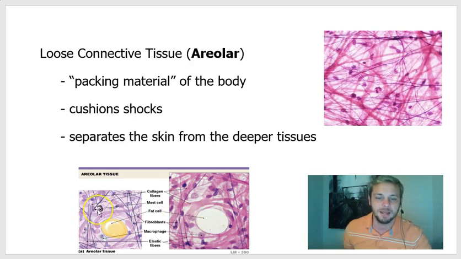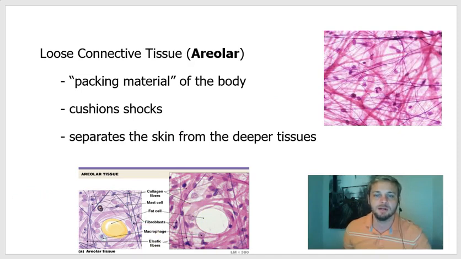Here you can see a mast cell thrown in here. Your collagen fibers, all these nuclei are going to be your fibroblasts. So they're the ones that are making the fibers that you see, both the collagenous and elastic. And then here you can see a macrophage. Another macrophage right there.